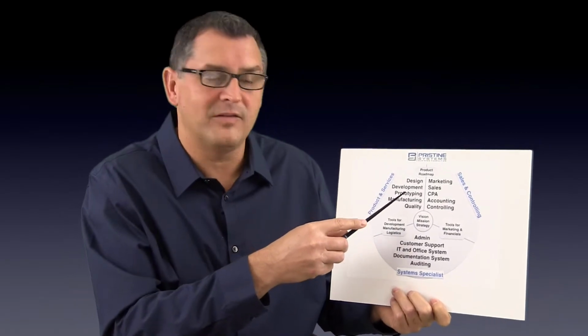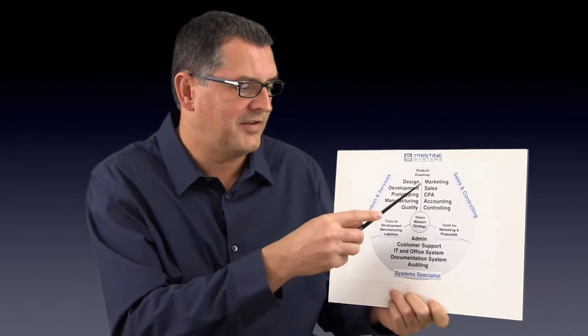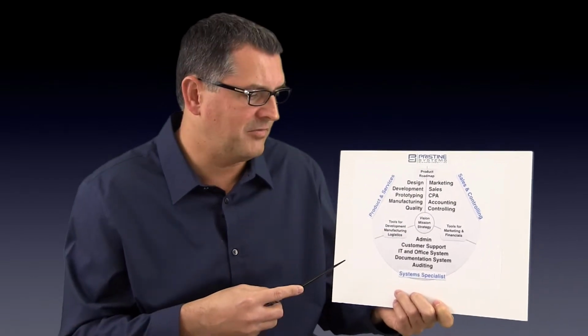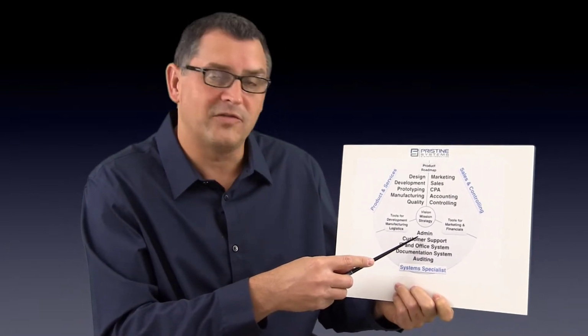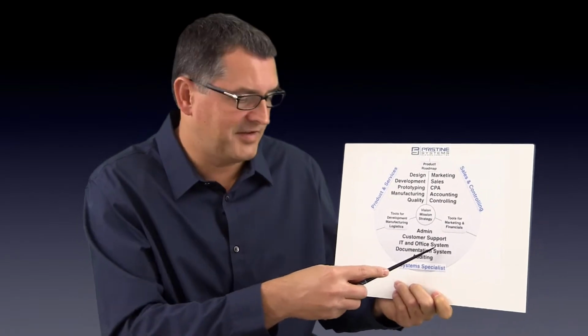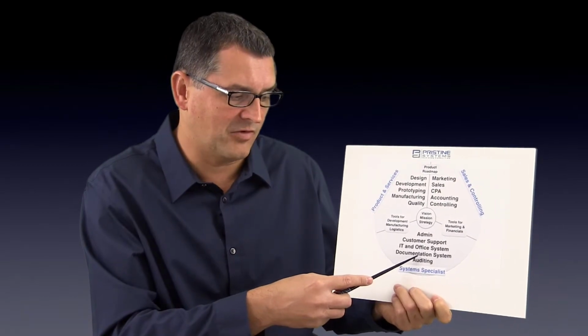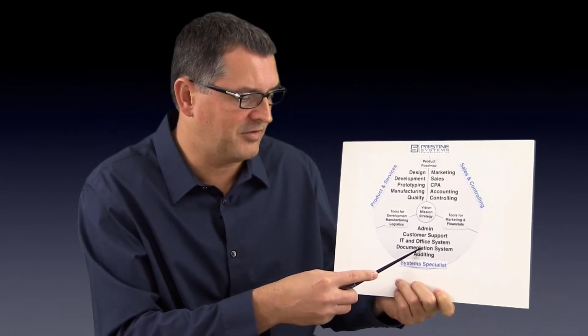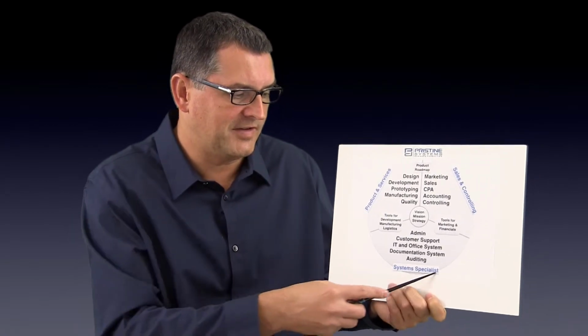So the design development, including prototyping, manufacturing, and even quality. This is a little bit more the typical engineering area. That's the one that we had before. But you notice now that the administrative work, the customer support, IT and office systems, documentation system, depending on your industry, this is super important. I mean, medical industry, for example, and auditing, this is really in the system specialist hands now.